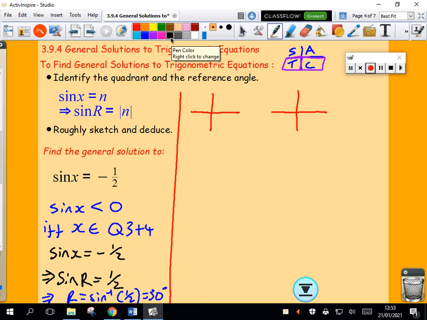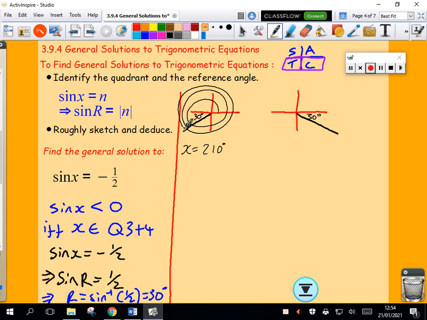So in quadrant 3, my 30 degree angle out there. In quadrant 4, my 30 degree angle out there. Remember, that's 30 degrees. That's 30 degrees. So if I look at 30 degrees, the first time I'll hit that angle in quadrant 3 will be when x is equal to 180 plus 30, which is 210 degrees. The next time I hit it will be 360 degrees later, and then 360 degrees later.